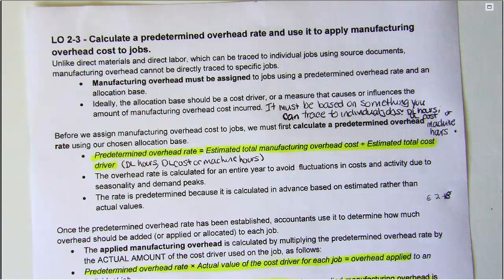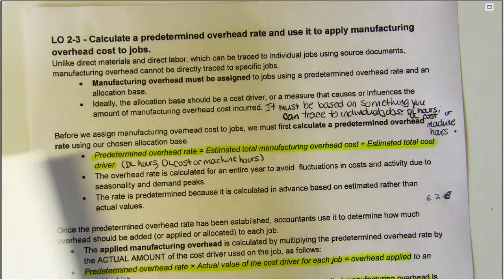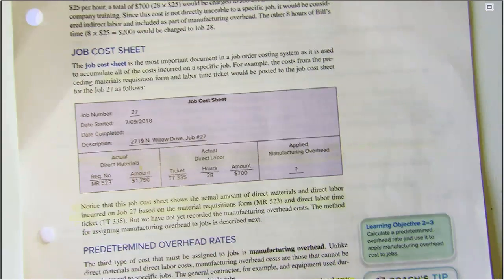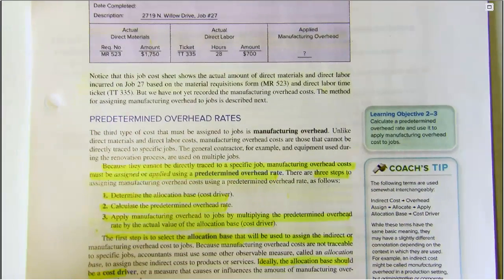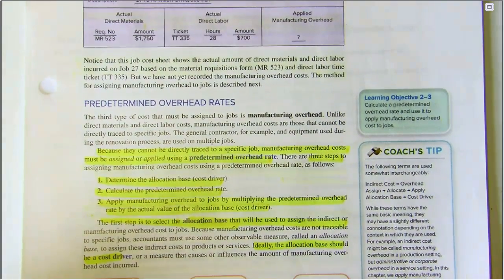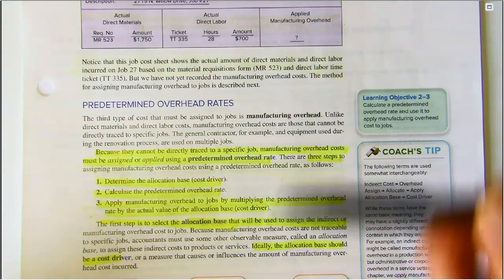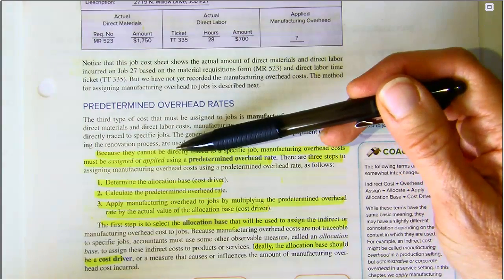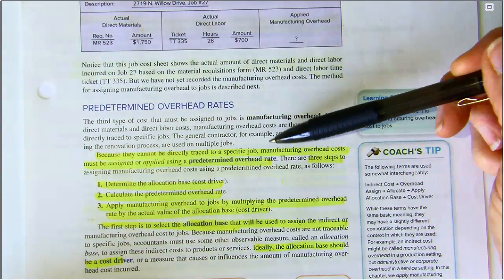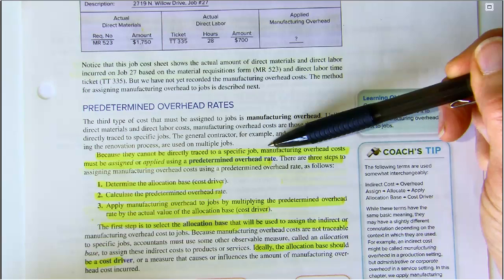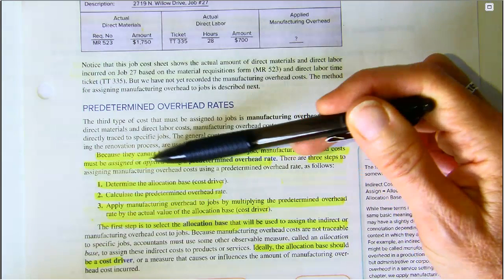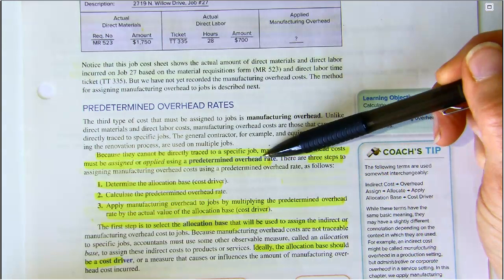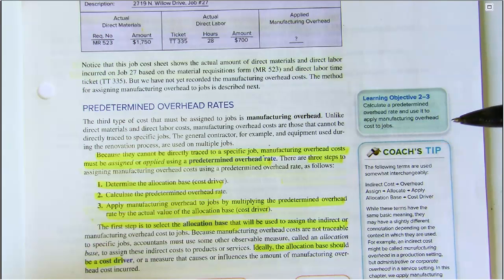I'm going to switch over to some pages in the textbook because I think they do a very good job of explaining this process. Okay, so this is page 55. And as I just mentioned, it says, because manufacturing overhead cannot be directly traced to a specific job, those costs must be assigned or applied using a predetermined overhead rate, and there are 3 steps to do it.